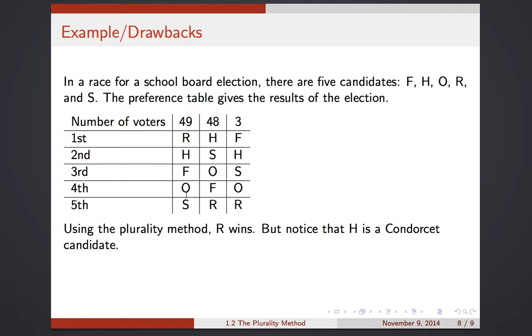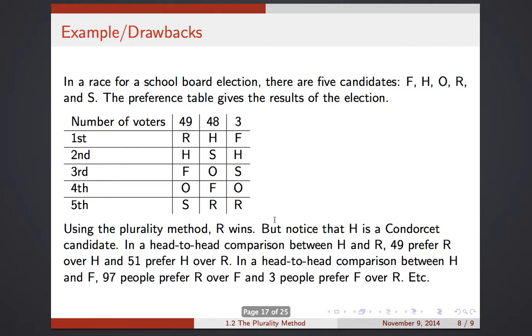Everybody likes H better than S. Everybody likes H better than O. Yeah, so that's all the cases there. So, in other words, all this stuff is true here. In a head-to-head comparison between H and F, for example, 97 people, sorry, this is a typo. 97 people prefer H over F, and 3 people prefer F over H. Sorry, those R should be H's. So anyway, H is a Condorcet candidate, so he should win, morally speaking.